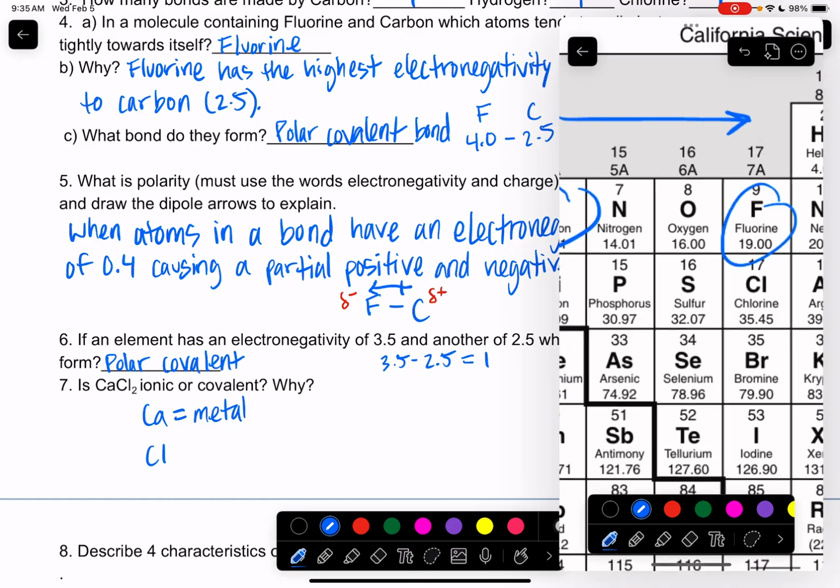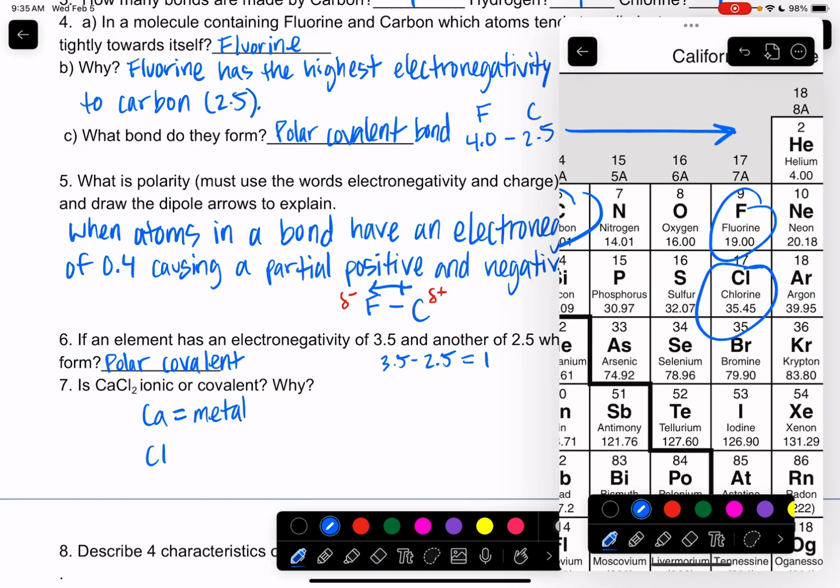Cl is on this side over here, and it's a non-metal. So since we have a metal and a non-metal, this is an ionic compound.